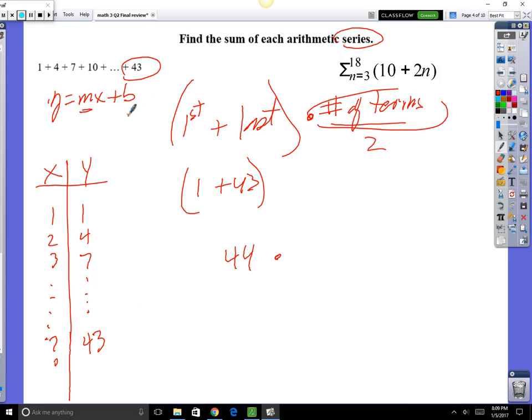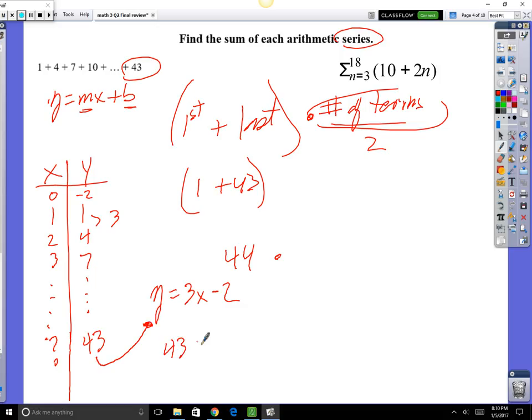And I can find m and b pretty easy. M is 3, so b happens at 0. B is minus 2. So your model is going to be y equals 3x minus 2.